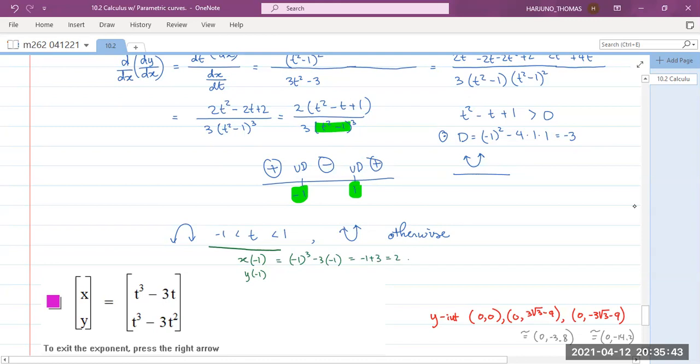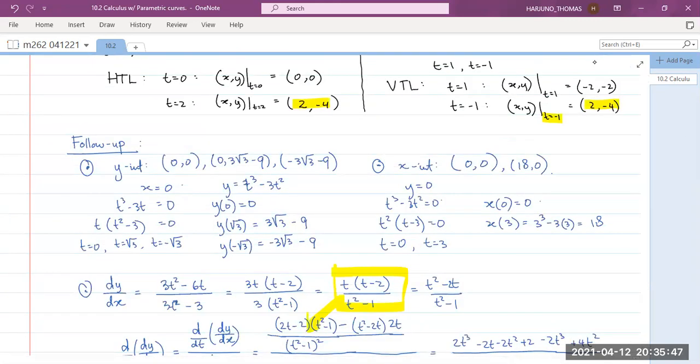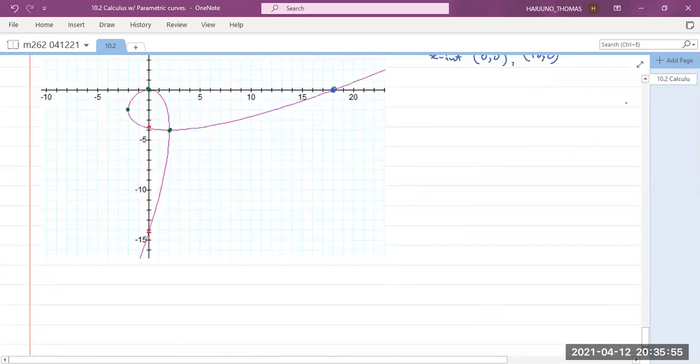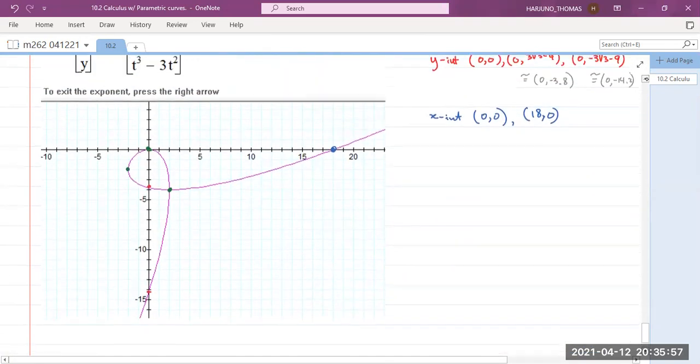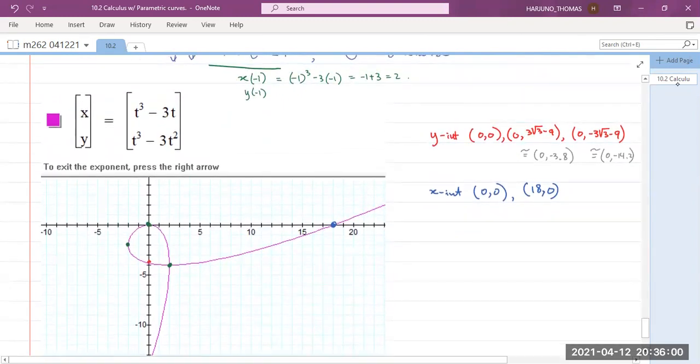Oh, we computed that somewhere earlier. No, not yet. Yeah, 2, negative 4. We computed that already here.